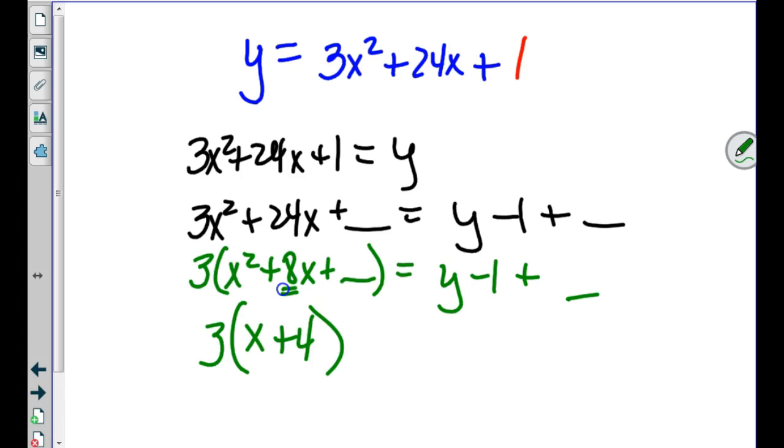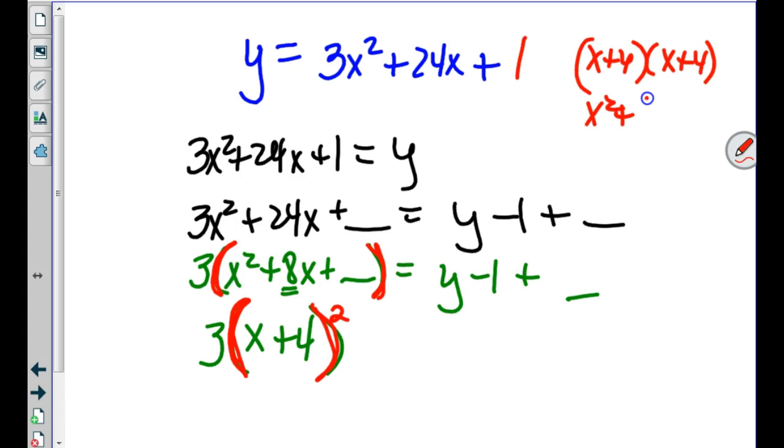Now, I was trying to stress this in the other 2 classes yesterday so that you understand why this works. Does everyone understand that red parenthesis has to equal this red parenthesis? Yes. So x plus 4 times x plus 4 is x squared plus 4x and 4x plus 16.